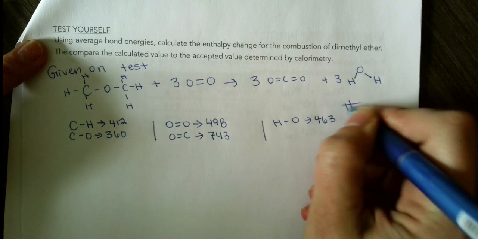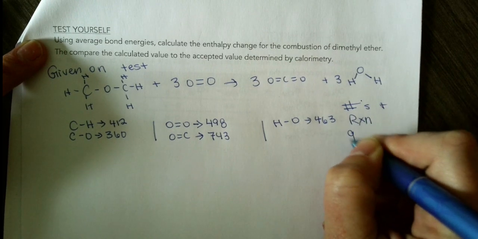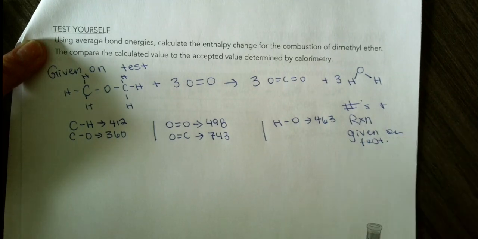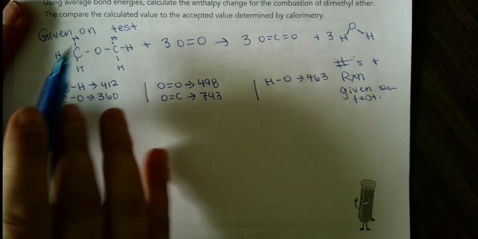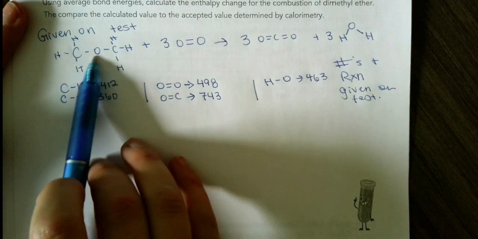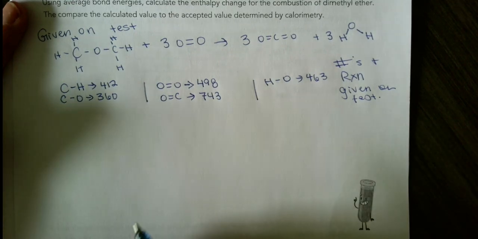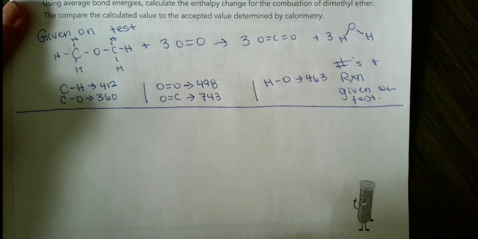So numbers and reaction are given on tests. The curriculum changed in 2019; teachers used to expect students to remember the stuff from grade 11 chemistry, but now we don't. So pretend all of this information was given to you and you didn't have to write it down.